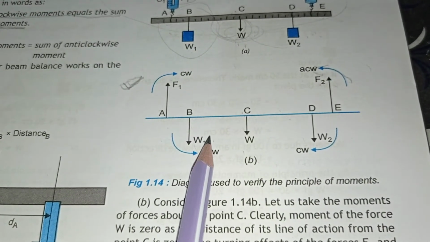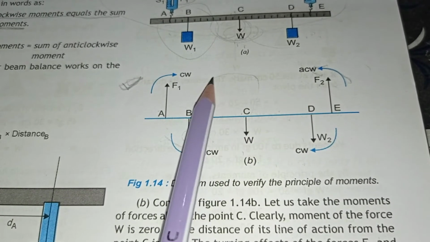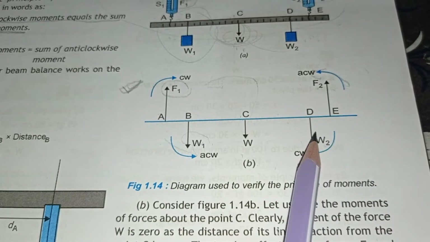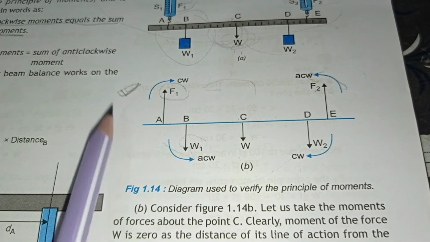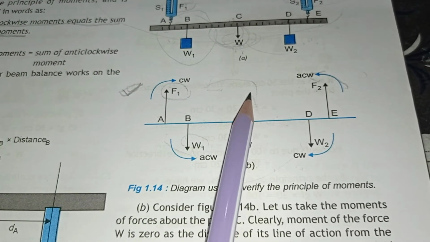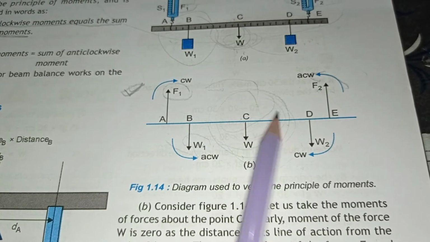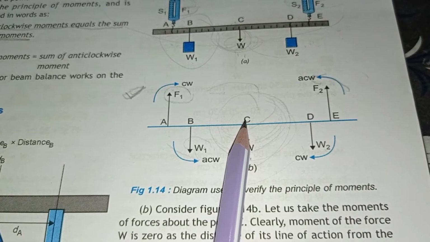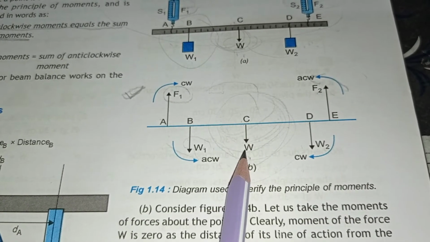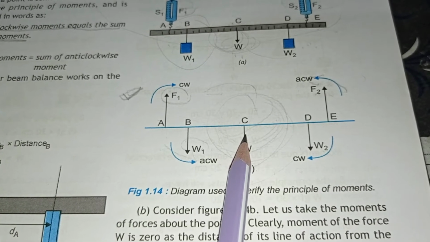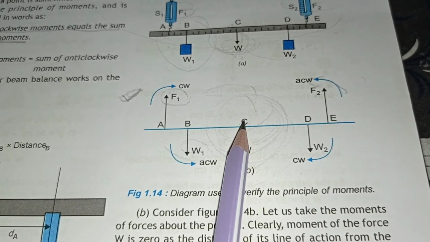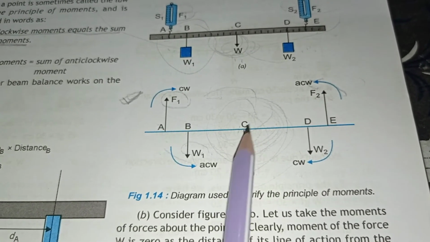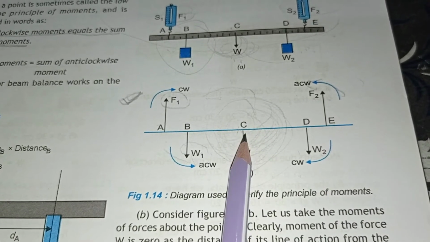Also, the turning effect of weight W1 is anti-clockwise, and the turning effect of F1 and W2 is clockwise. What will be the moment of the force W? It will be 0, because to calculate a moment we multiply the force by its perpendicular distance from the center of gravity, and W acts at the center of gravity. The perpendicular distance is 0, so the moment of this force will be 0.